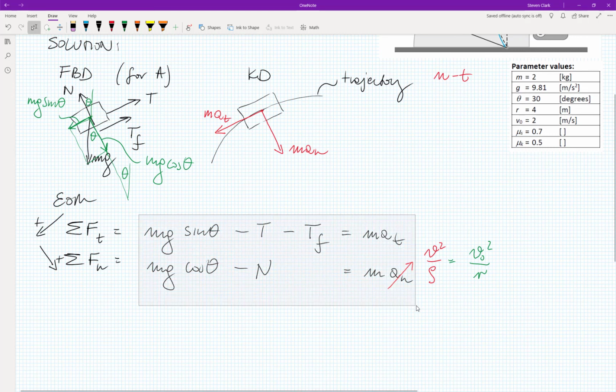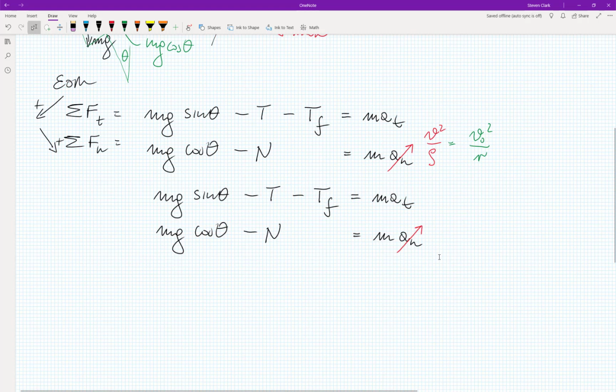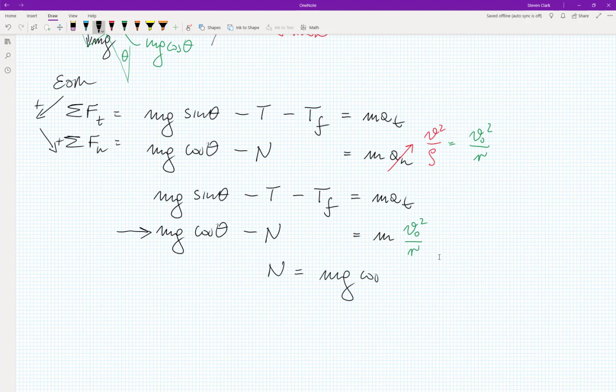So we have these two equations. And I believe that from the second equation, we can actually find N. So N will be equal to mg cosine theta minus m v0 squared over R. If you plug in values there, you will obtain that N is approximately 15 newtons.